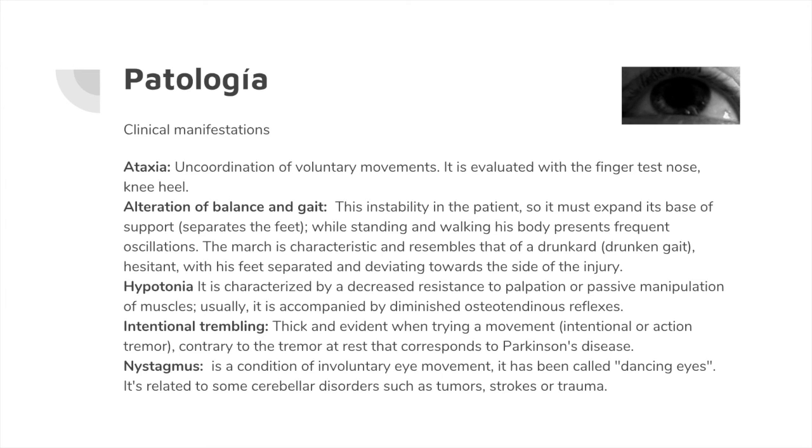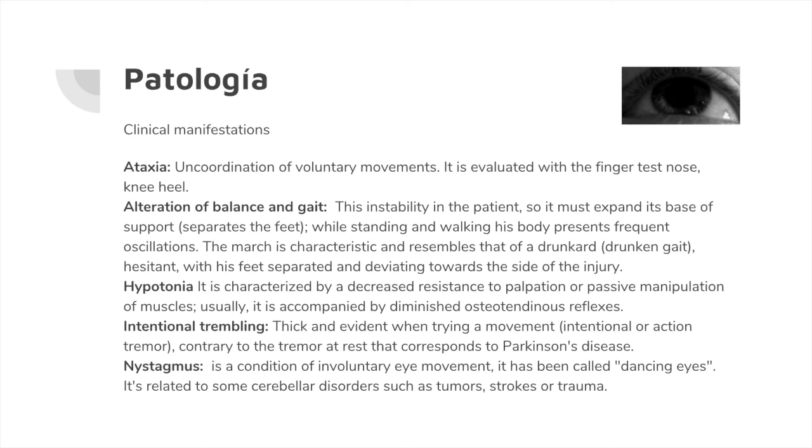This is a tremor that happens when people try to do a specific action and their extremities, for example their arms or their feet, start to tremble. This is the opposite of a tremor that begins at rest, and a tremor that begins at rest corresponds to Parkinson's disease instead of a pathology in the cerebellum.